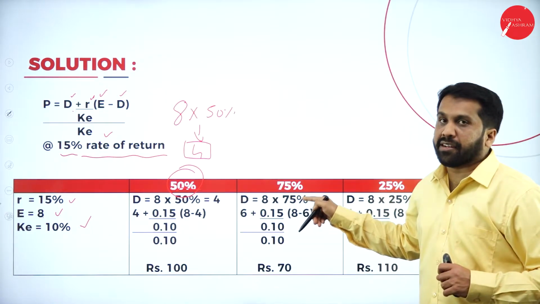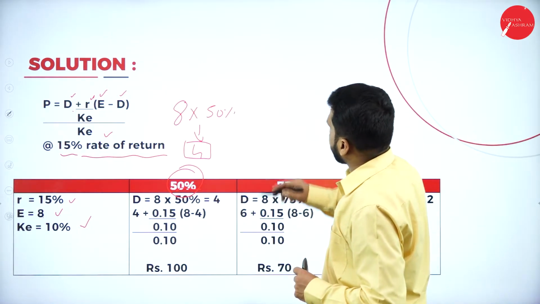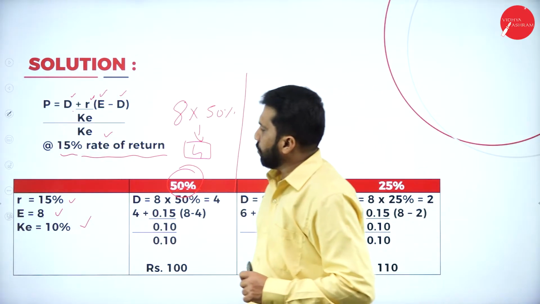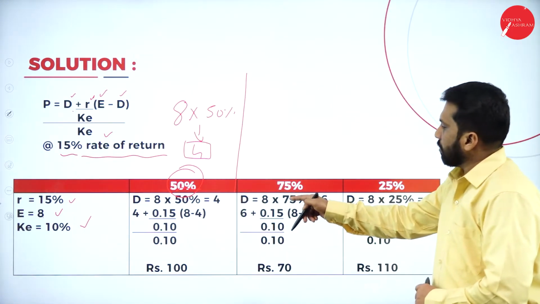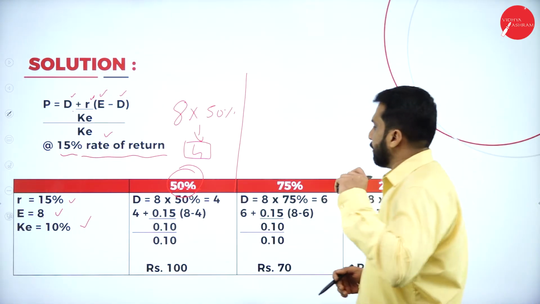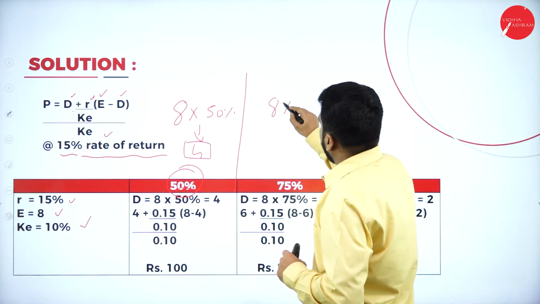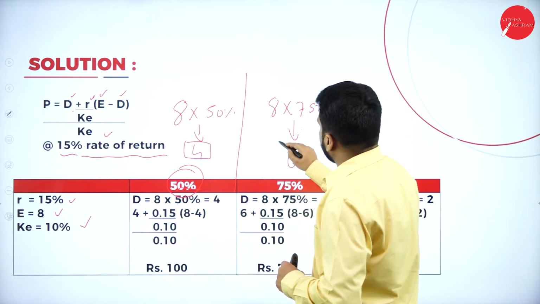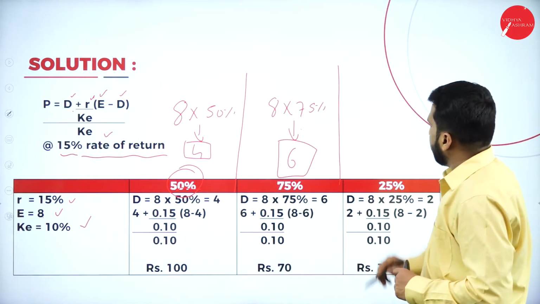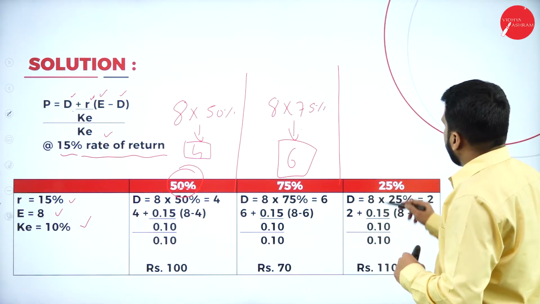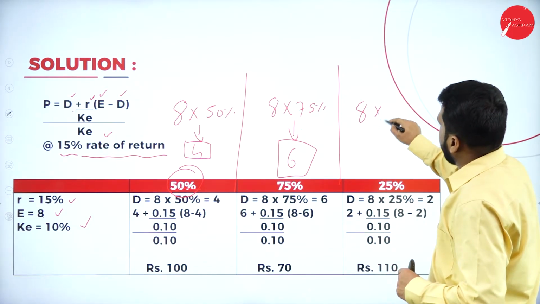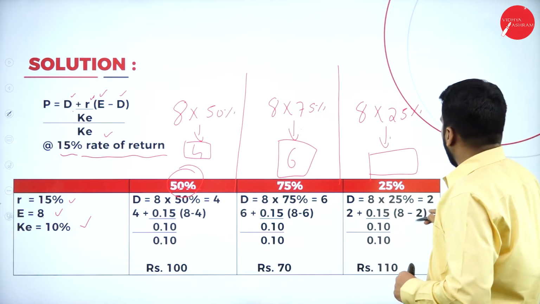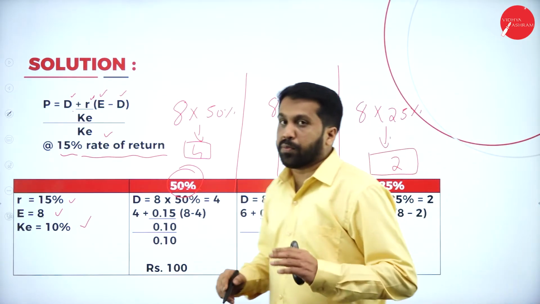Similarly, this is 75%. On 8 rupees, we have to calculate 75%. 8 into 75%, you will get 6 rupees. Similarly, the last one, 8 into 25%, you will get 2 rupees. Hope you are clear?